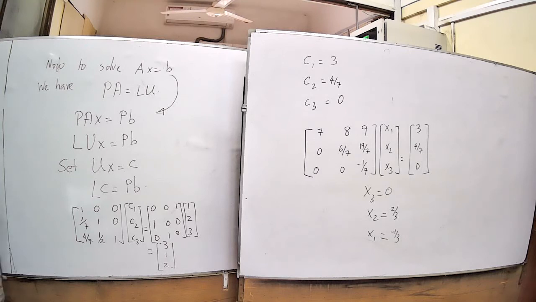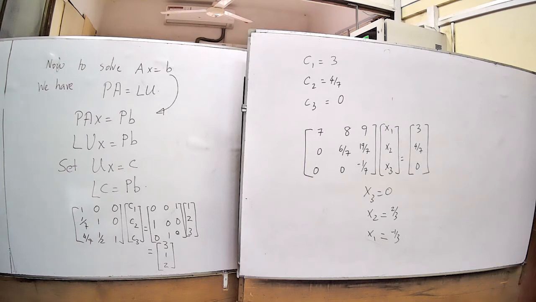So in PA is equal to LU factorization, you have to be careful with the way you choose L, right? So whatever row operations you apply, you may need to apply that for the lower triangular matrix L as well, right? So you have to be careful with that. Right. So this is how you solve the system of linear equations by using elimination or factorization methods.